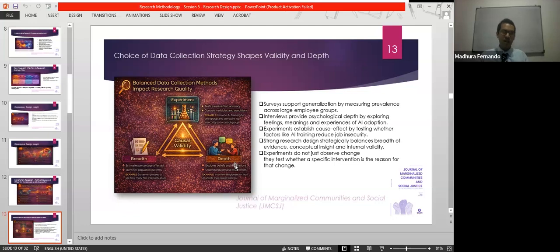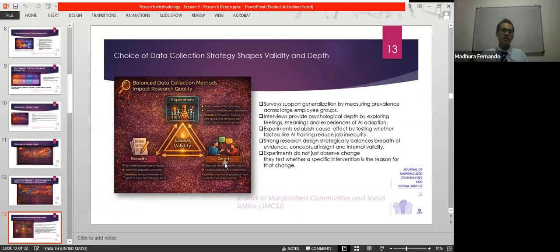So from one side you are improving the breadth, from the other side you are improving the depth, and this depends on your constraints: your time constraints, your cost constraints, and some practical constraints. Depending on those, you have to decide what level of breadth and what level of depth you can achieve, and you can balance these two.